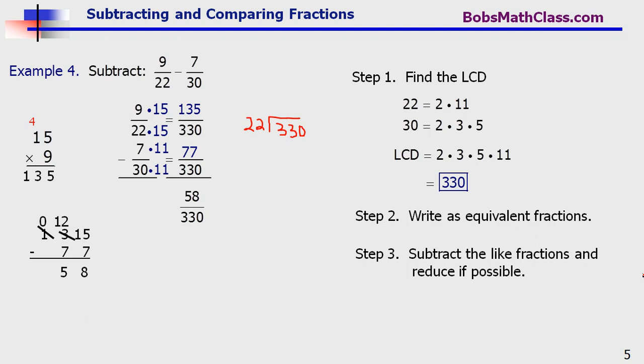All done? No, right? We still got to reduce. Because 2 goes into both numbers. So we could divide them both by 2. 29 over 165. And I boxed it because that's done. 29 is actually a prime number. And that doesn't go into 165.